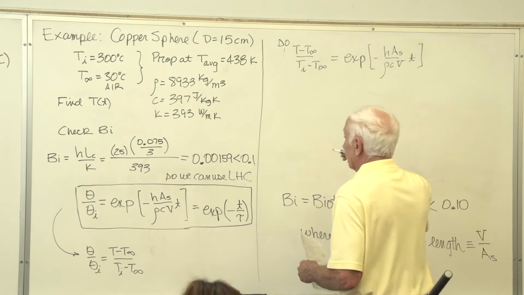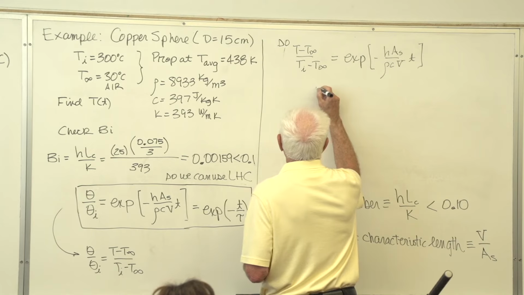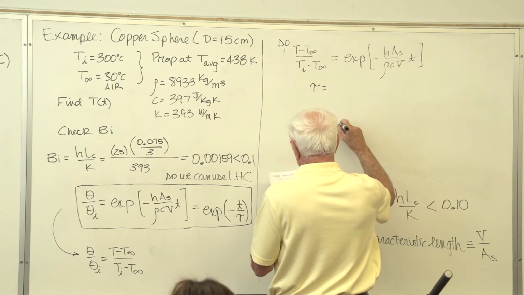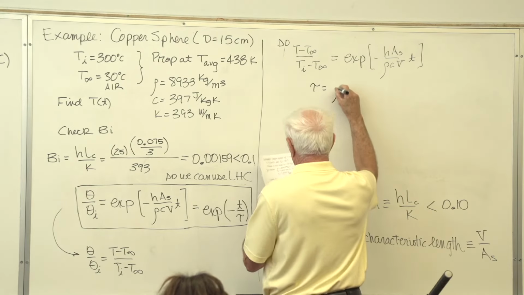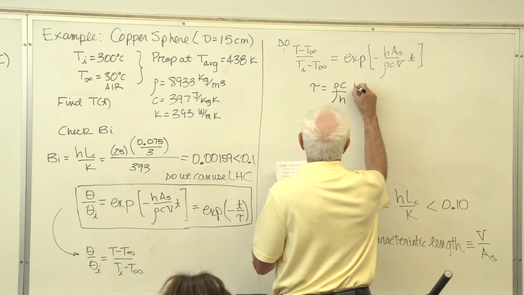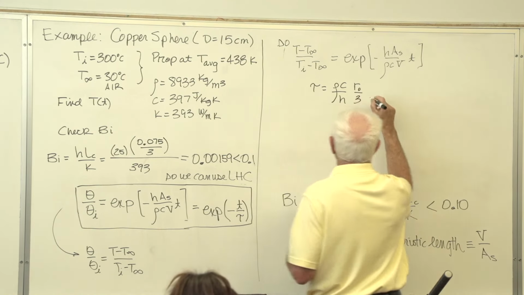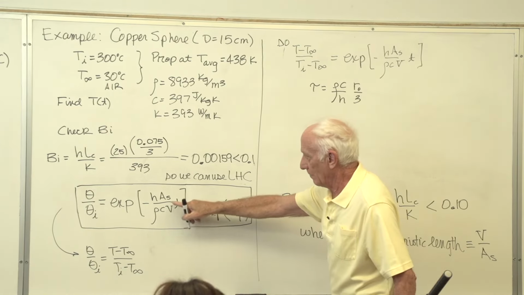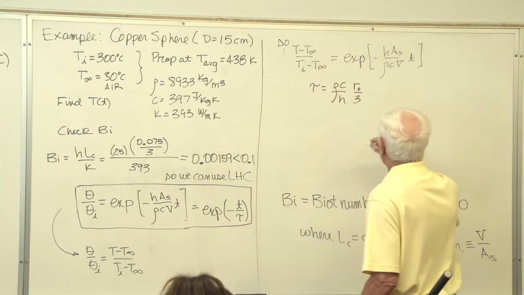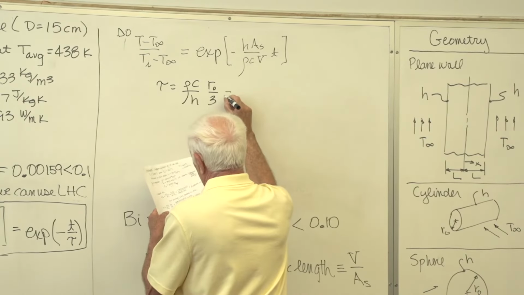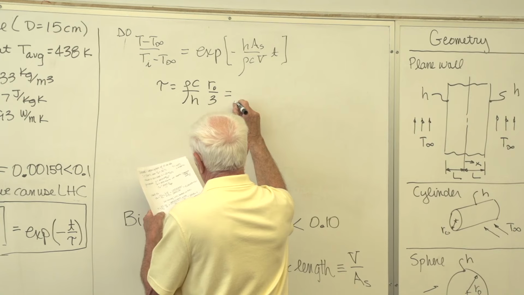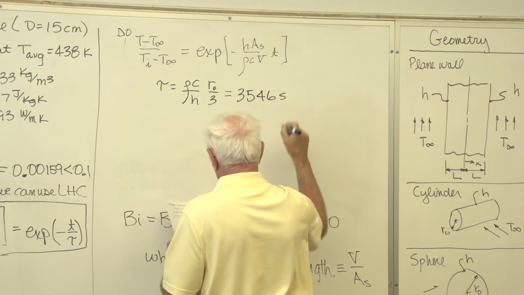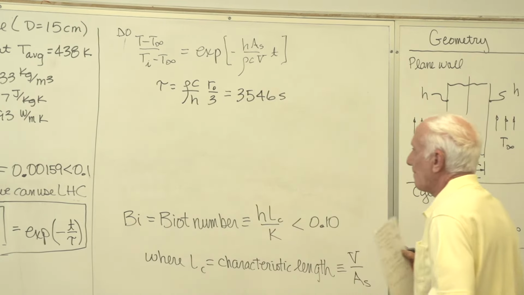If I want to find the time constant tau, my time constant is rho c V over h A sub s, which is rho c h r naught over 3, V over A sub s is L sub c. Okay, put those numbers in there. I get 3546 seconds. Time constant's almost an hour. It's cooling really slow.